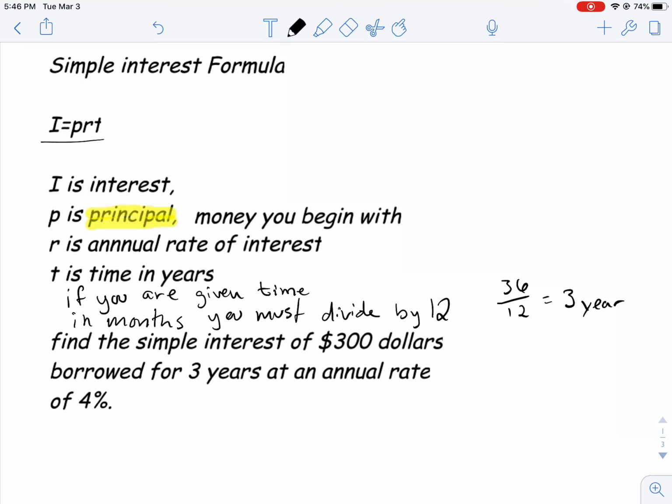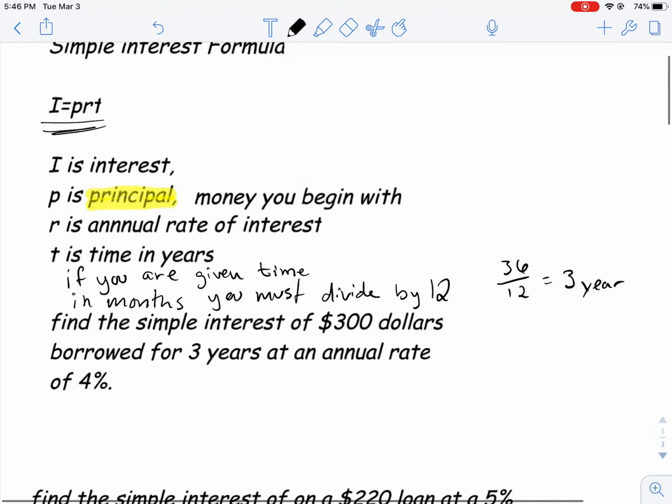Okay? So now to find simple interest of $300 borrowed for 3 years at an annual rate of 4%, we're just going to plug that into this equation up here. So we are given that our principal, our starting amount, is that $300.